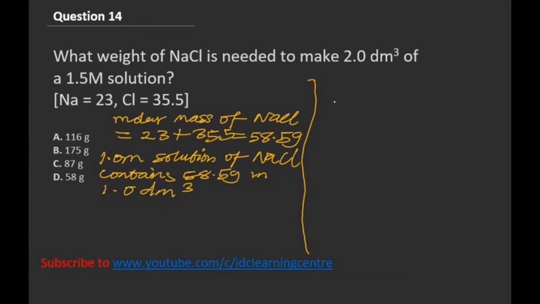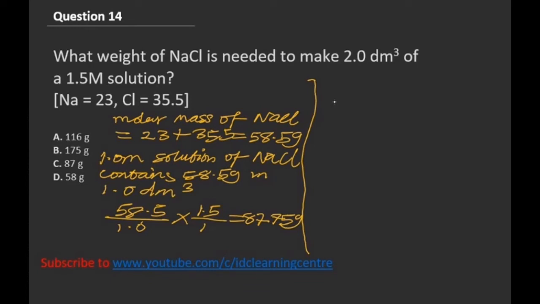So to solve for that, we say 58.5 over 1.0 times the 1.5 given to us over 1. So when we solve that, we have 87.75 grams.